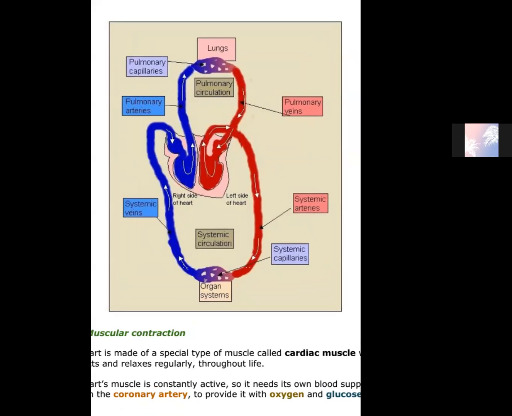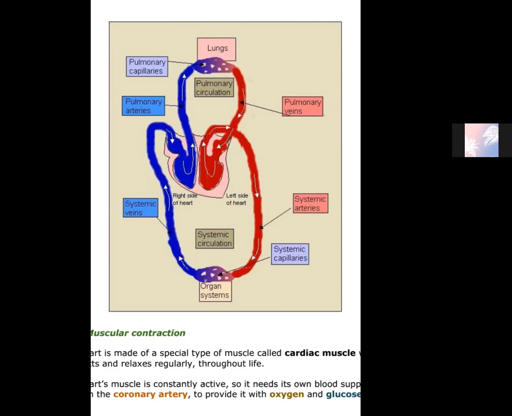So this diagram summarizes pulmonary circulation and systemic circulation: how the pulmonary circulation gets oxygen from the lungs, how that oxygenated blood comes back to the heart and is distributed all over the body, and then how the deoxygenated blood comes back and is sent to the lungs to get oxygen once again.